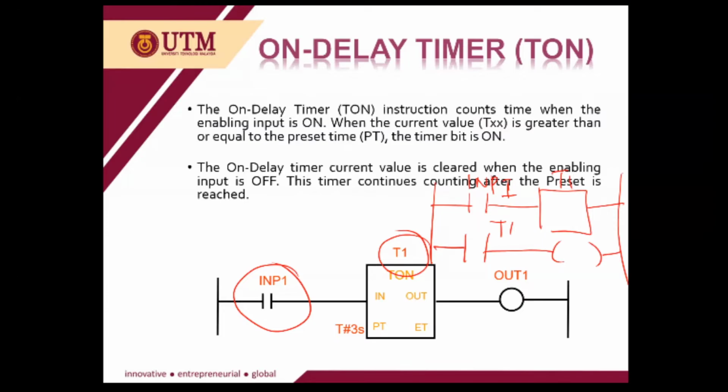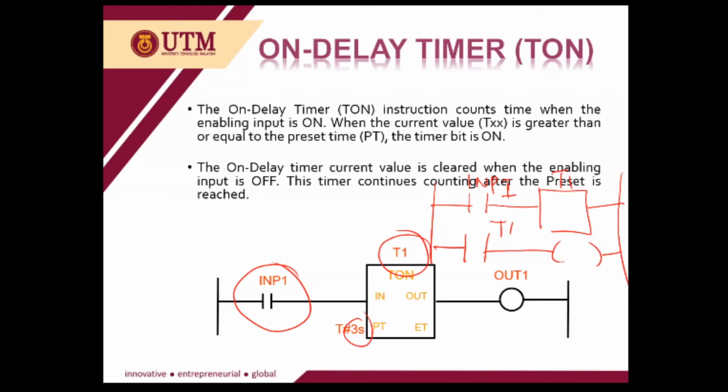For the on delay timer, the value is cleared when the enabling input is off. Basically it takes some delay to respond to the input. You press your input, then your timer starts counting. For example, you set it for 3 seconds here.